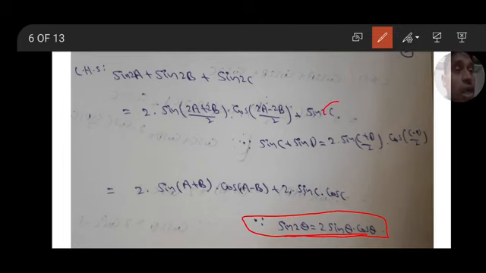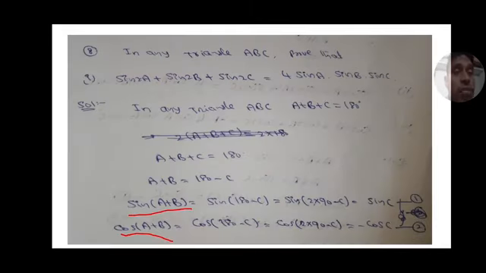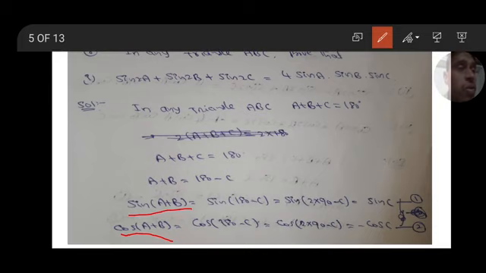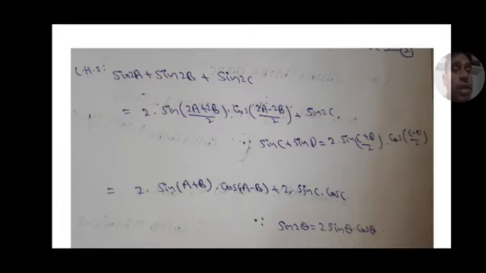Instead of theta here we have c, therefore 2 into sine c into cos c. And here sine of a plus b. What is the value of sine of a plus b? We calculated it at the beginning of the problem. Sine of a plus b equal to sine c. I will replace sine of a plus b here with sine c from equation 1.